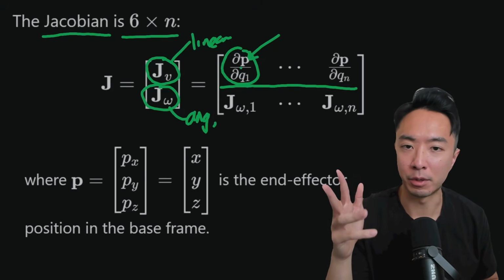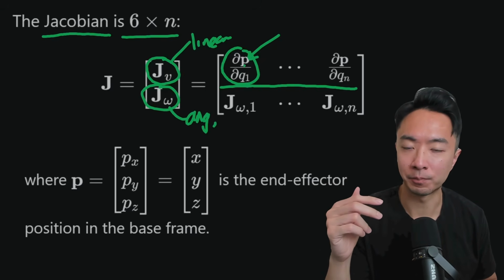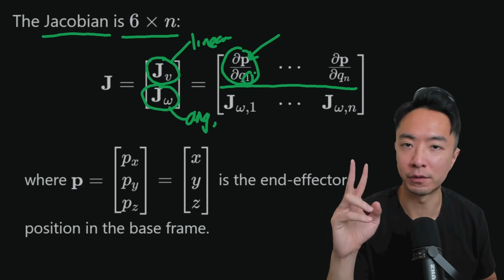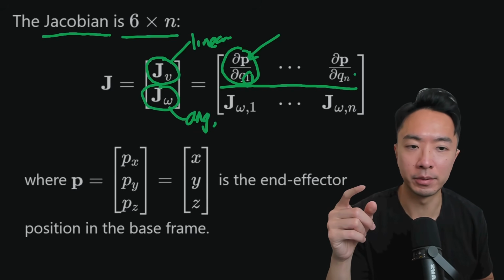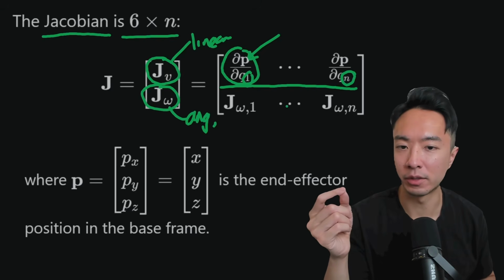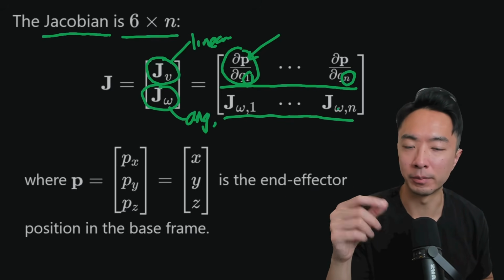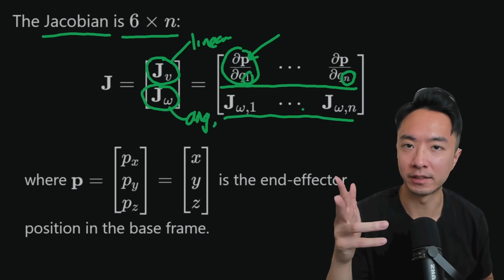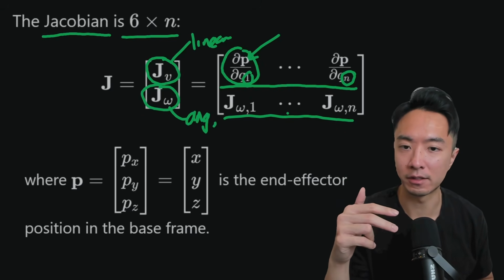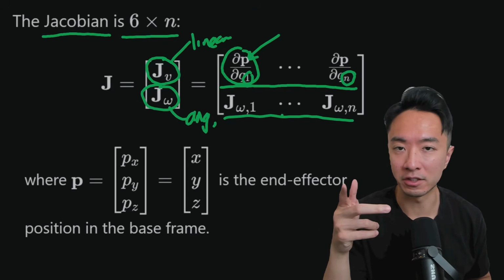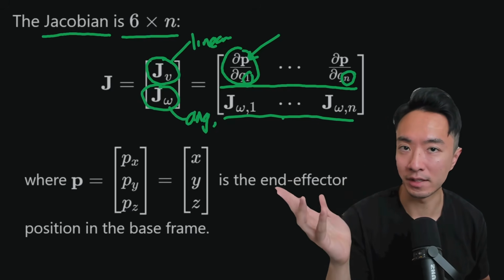It's a partial derivative of vectors, so partial P divided by partial q, where q1 is for the first joint, all the way up to qn for the last joint. And then J_omega, omega 1 up to omega n, is the angular velocity of each of the joints. Basically it describes the direction of the joint rotation, whether it's in the x, y, or z axis.